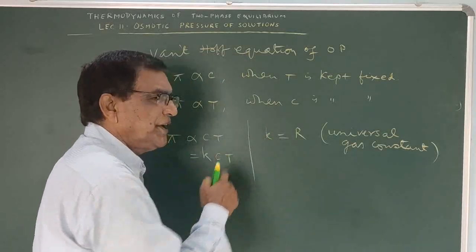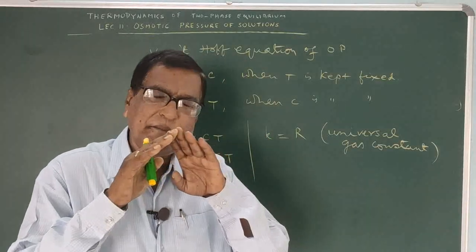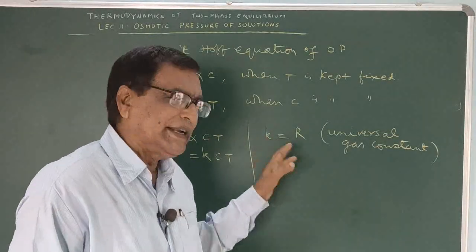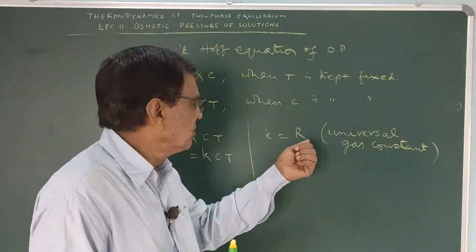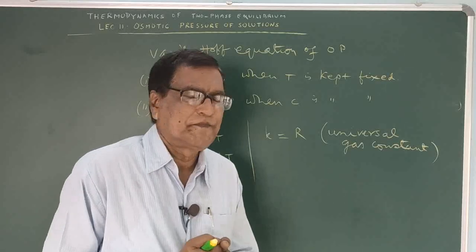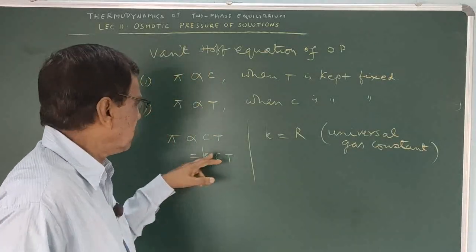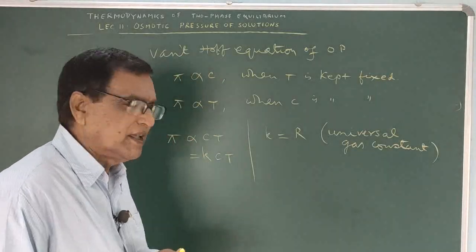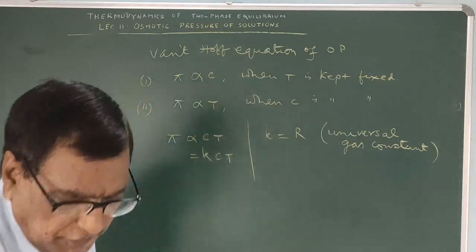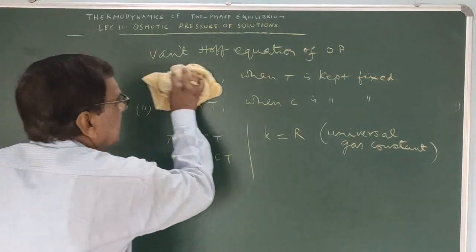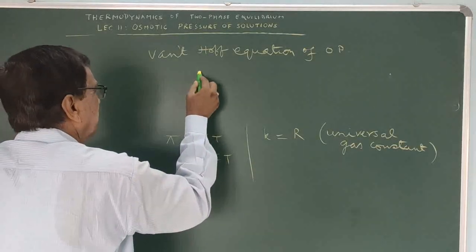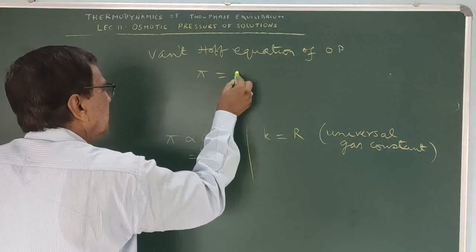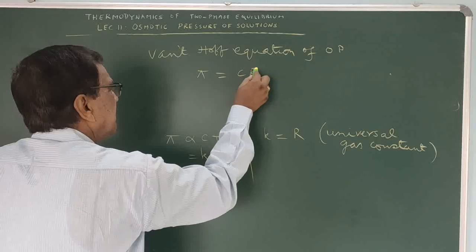Actually, the unit and magnitude of K are identical with this value of R. So instead of writing K, we can write the Van 't Hoff equation: pi equals CRT.